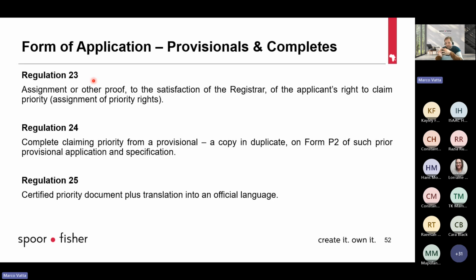You need to show that the South African subsidiary is entitled to claim priority from the first filed application. So there you need to provide proof to the satisfaction of the registrar of the assignment of priority rights.